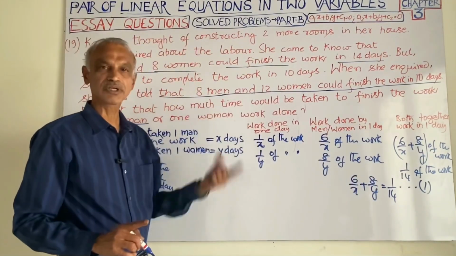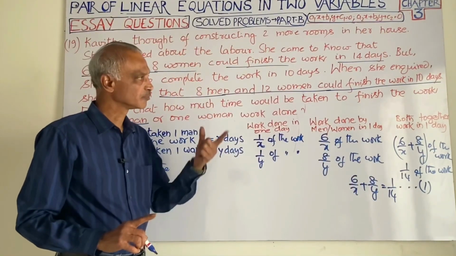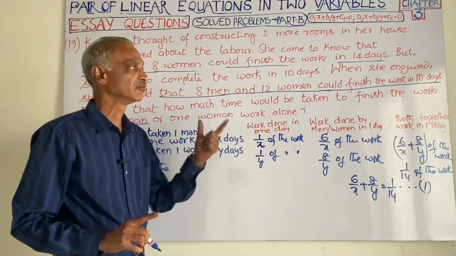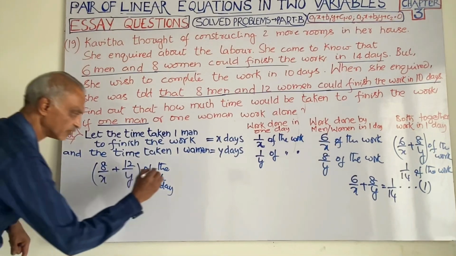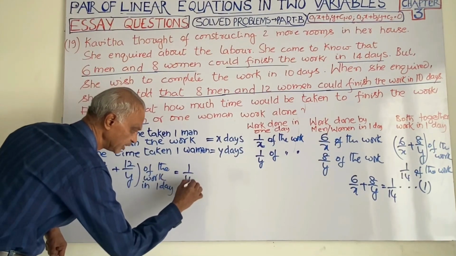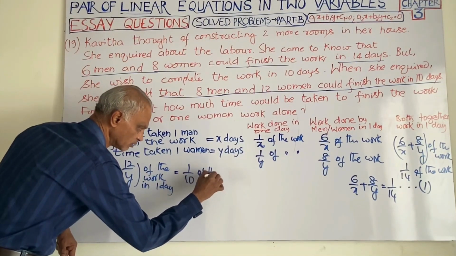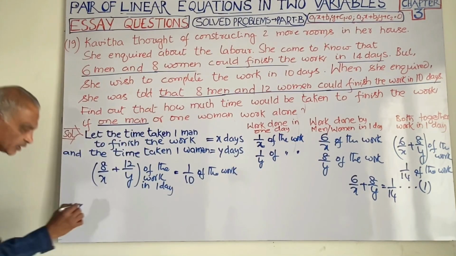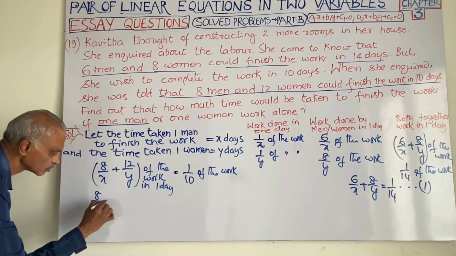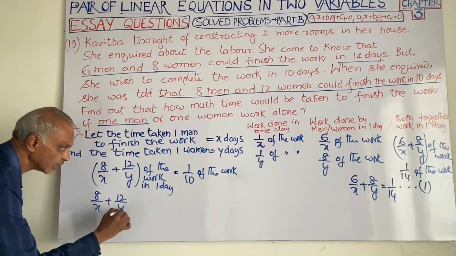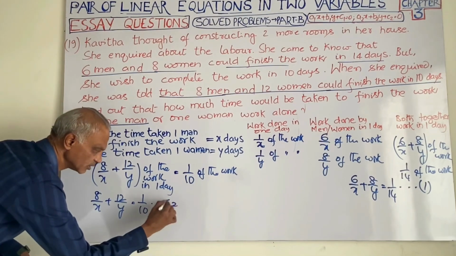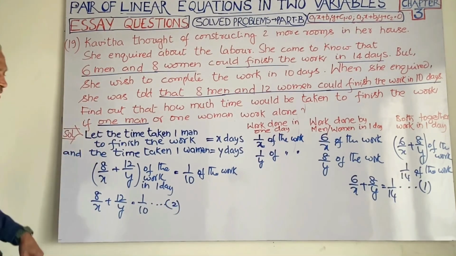In one day, how much work will they do? 1 by 10th of the work. Now, equate: 8 by x plus 12 by y is equal to 1 by 10. This is equation 2.